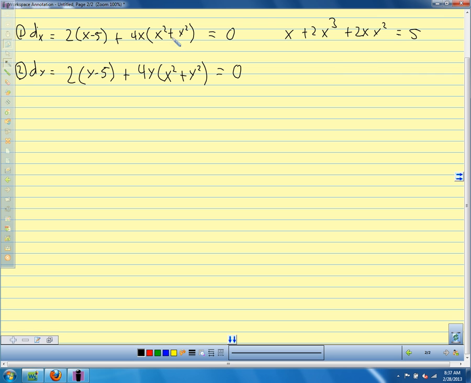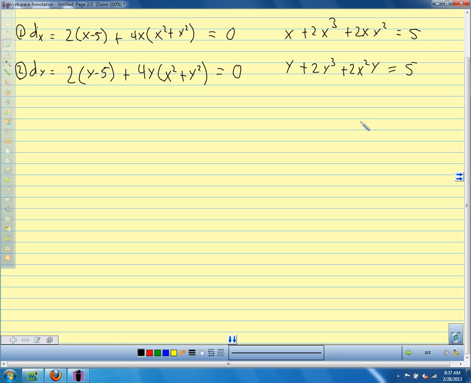I'm not going to go through all the steps. Equation 2 simplifies to y plus 2y to the third plus 2x squared y also equals 5.